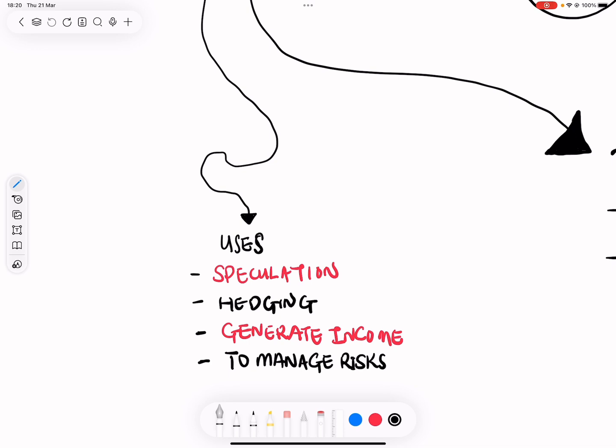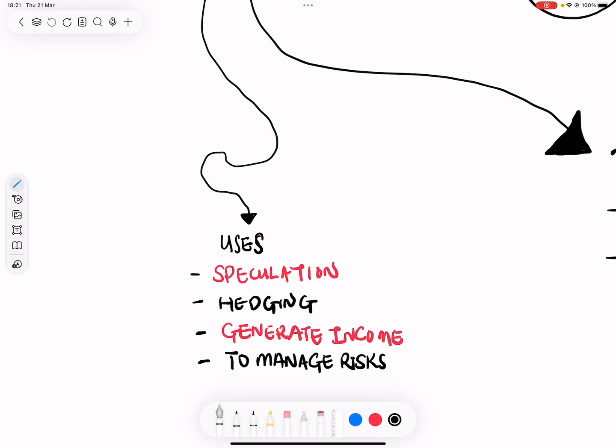The fourth use, and the most important use, is that in any market you need to learn how to manage risk. Options can be used to manage risk in a portfolio, like in this bull run where most people divide their portfolio into higher risk, lower risk, long term, and short term.